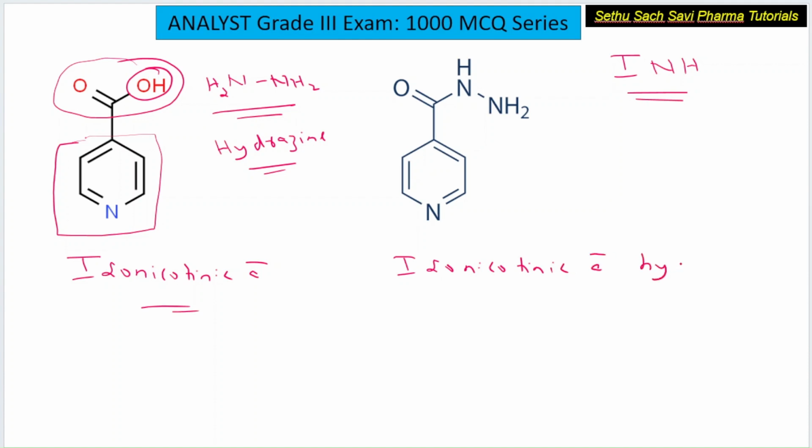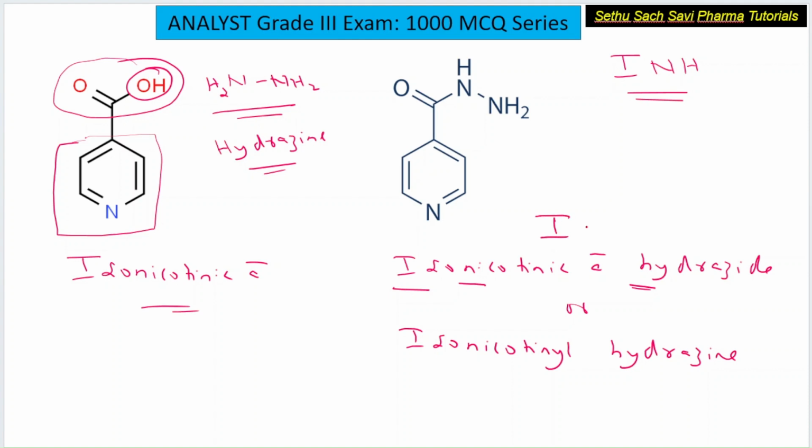Then this is called isonicotinic acid hydrazide, or you can simply call it isonicotinyl. What is NH2NH2? Hydrazine, correct? So either you can call it isonicotinic acid hydrazide. That is how the abbreviation INH has come, or you can call it isonicotinyl hydrazine.